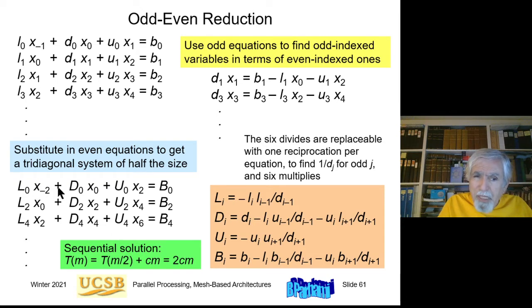And these capital L, capital D, capital U are computed based on lowercase l, lowercase d, and lowercase u using these equations.